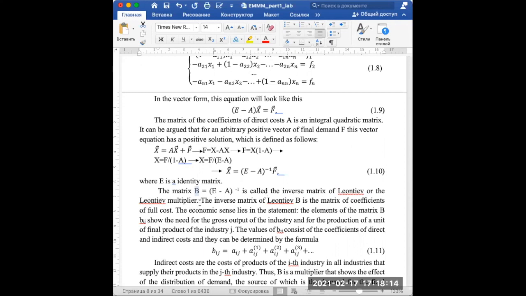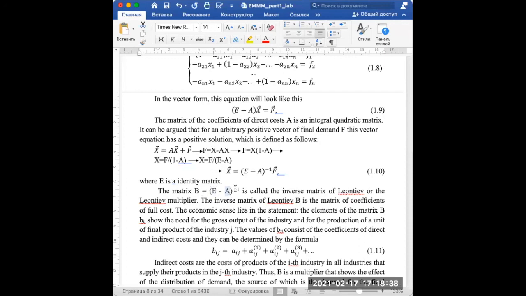What does it mean? It means that this matrix has a very important economic interpretation. Why? Because it represents our full costs. Full cost is the sum of direct costs and indirect costs.